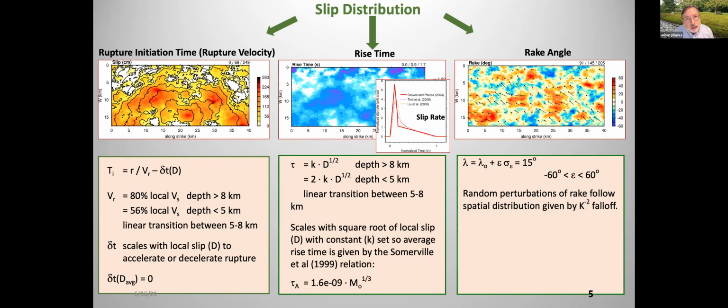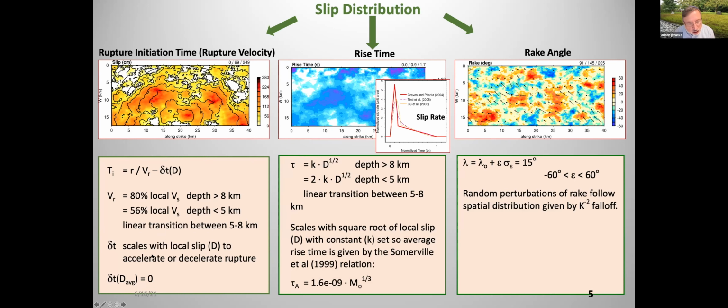Now, as Martin explained, one of the key parameters that we start working with when we generate a kinematic rupture model is the slip distribution. And so from there, we generate a rupture time. Based on rupture dynamics, we know how to scale it with depth. And there's a weak correlation actually with the slip amount.